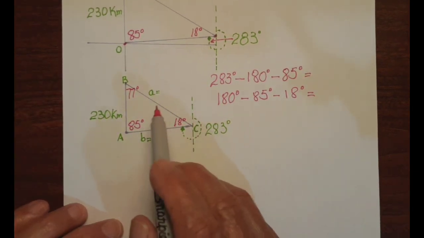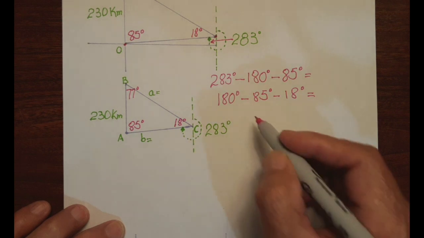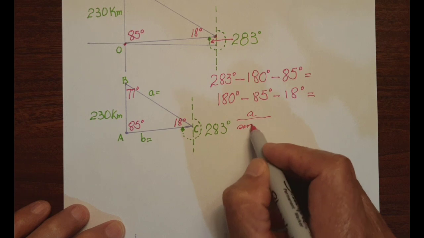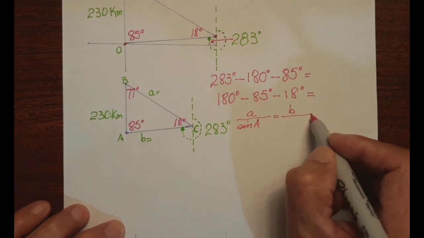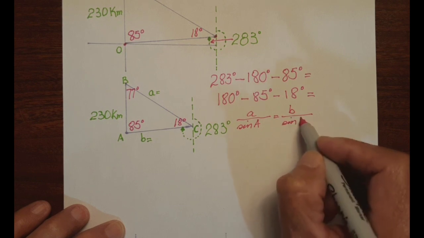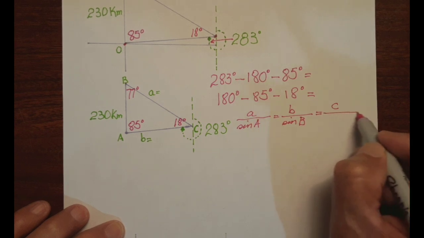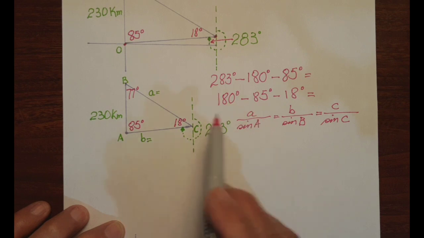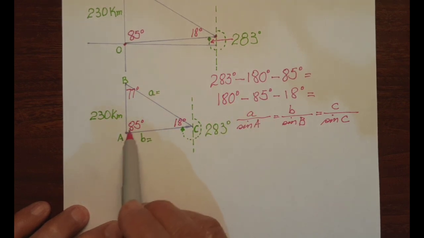Now, we find these distances using the law of sines. The law of sines says A over sine of angle A equals B over sine of angle B equals C over sine of angle C. You see, the letter like this should be over the sine of this.